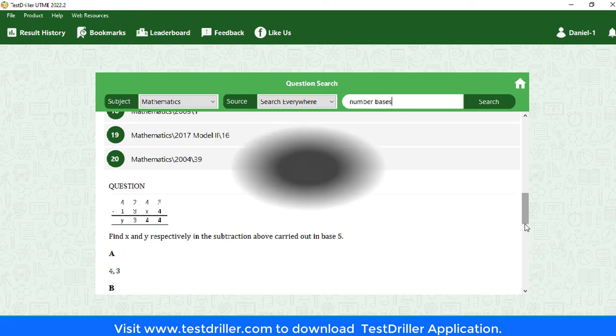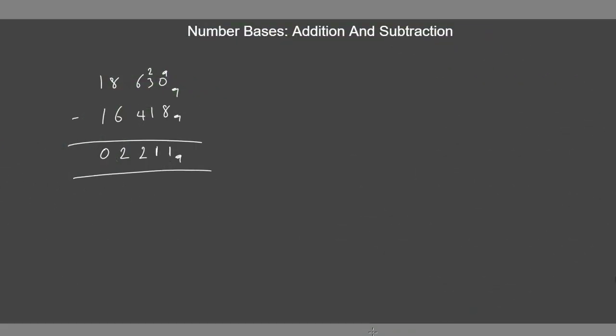Now let's solve the question. So here we have 4243 in base 5 minus 13x4 in base 5, and the answer is 443y in base 5.